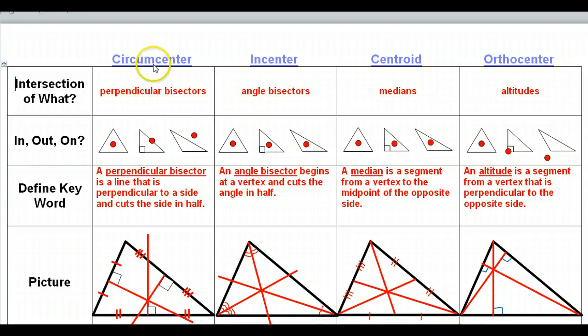You have to know that circumcenter is perpendicular bisectors, like these. Incenter is angle bisectors. See the angles being split? Centroid are medians from a vertex to a midpoint. And orthocenter is made of altitudes from a vertex to a perpendicular every time. If you know the definitions of those words, you can do a quick sketch.